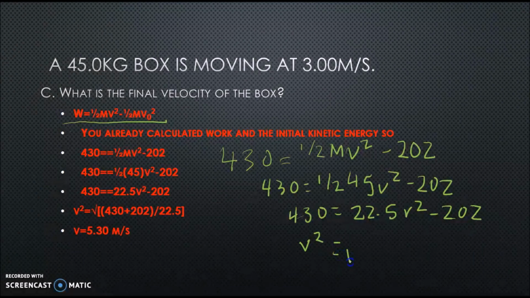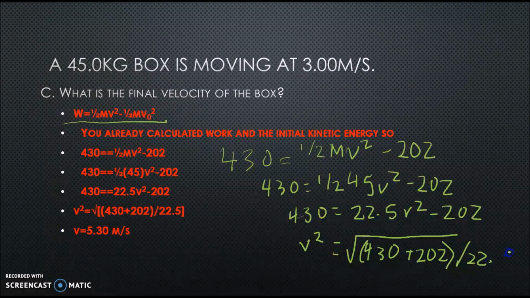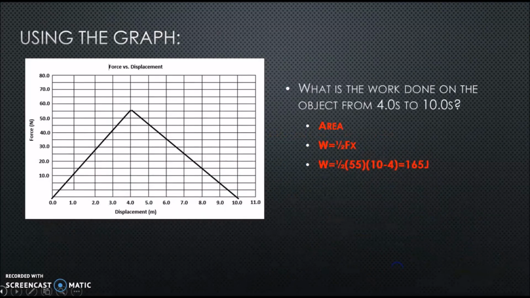And remember to do the reverse, we're going to take the square root of the entire side: 430 plus 202. Make sure that's in parentheses, that we do that before dividing by 22.5. If we follow all of those steps correctly, we should get 5.30 meters per second as our final velocity. I went ahead of myself here.